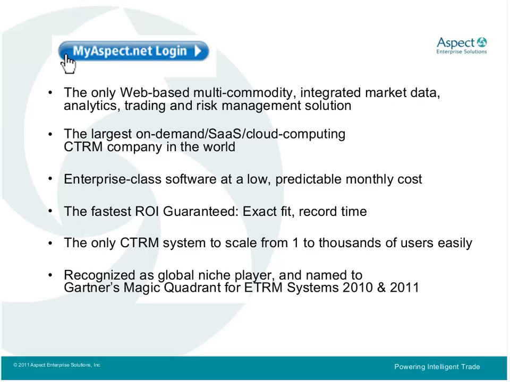Our solutions scale from 1 to thousands of users globally. You just add and remove users as needed and your budgets allow. Also noteworthy is our recognition for the second year in a row to Gartner's Magic Quadrant of ETRM systems. Gartner is the leading global technology analyst, and so this distinction is quite coveted by many providers. We're proud of this recognition and being recognized as a leading choice in this space.